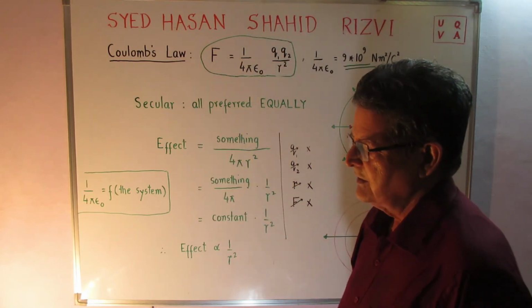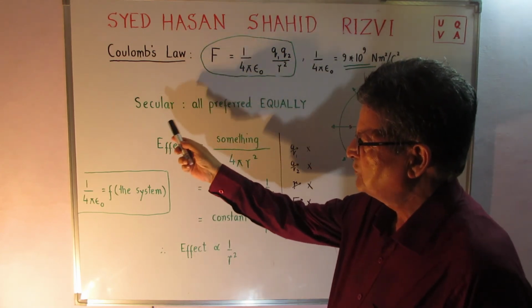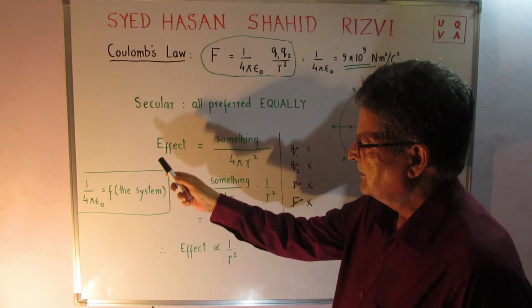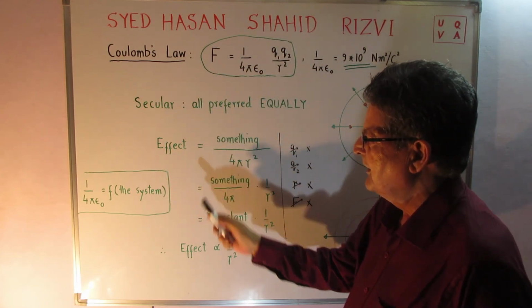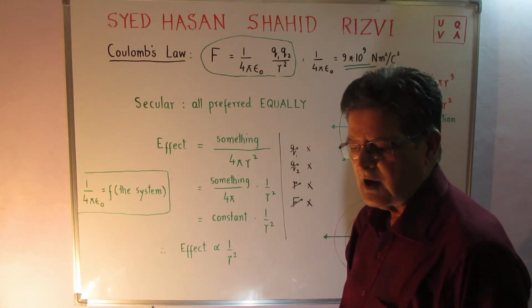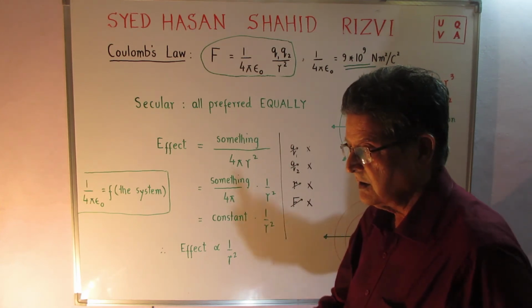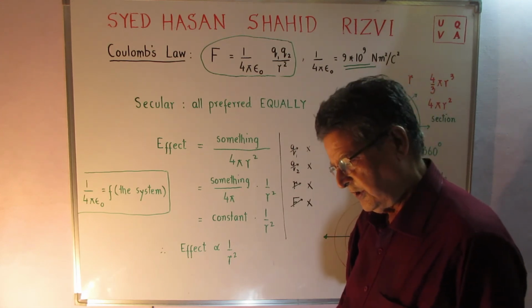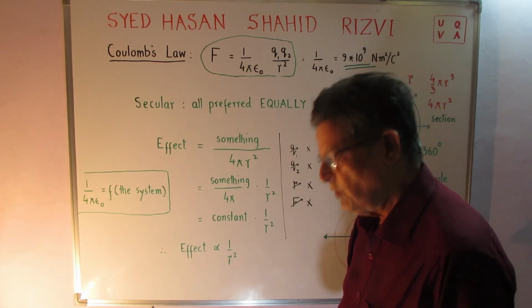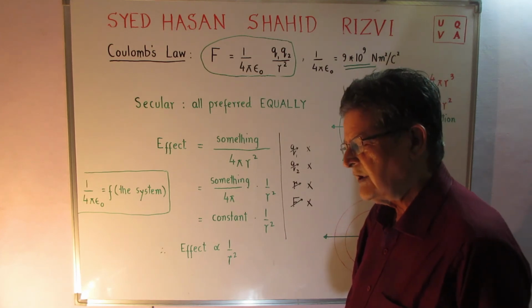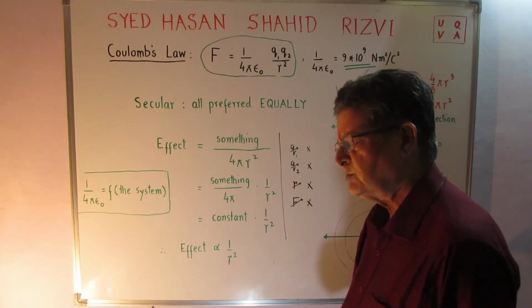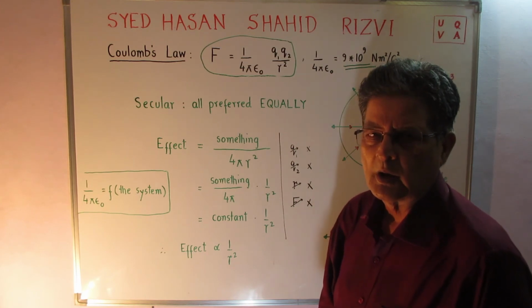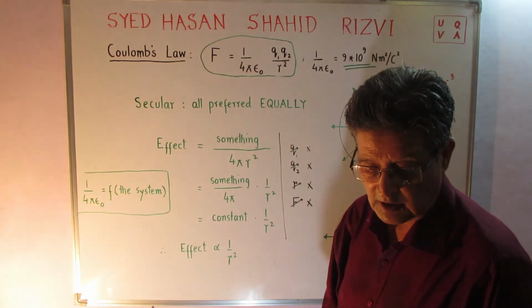Just see as to what is the electrostatic force and divide it by the gravitational force, and you will be astonished to see that the Coulomb force is much higher as compared to the gravitational force.